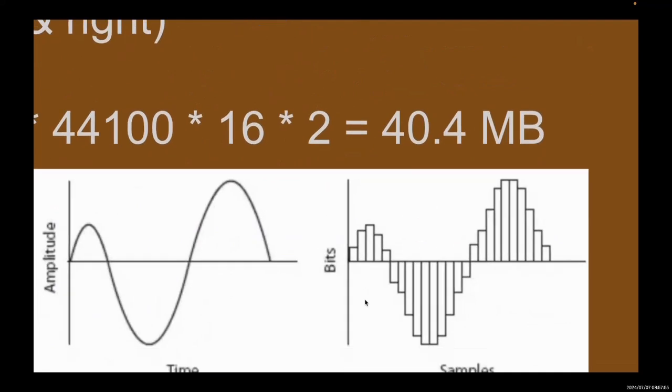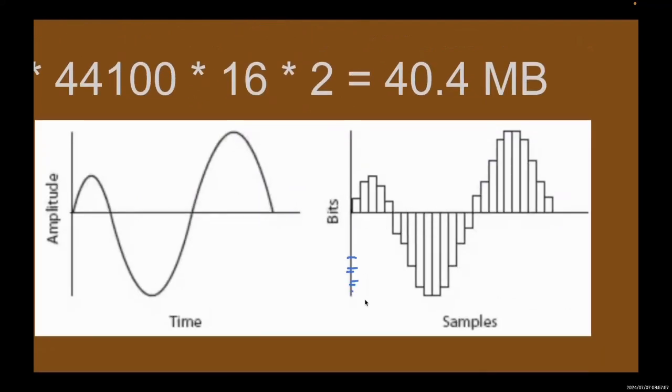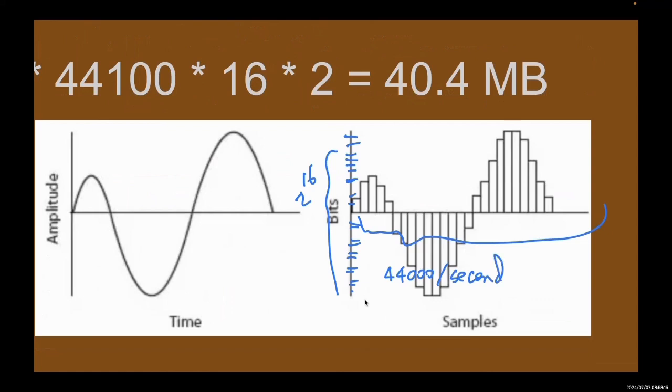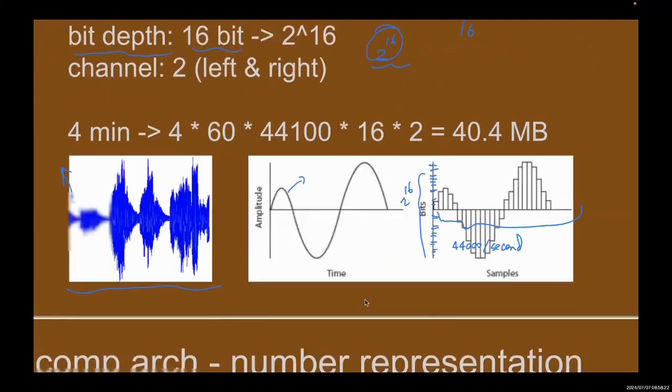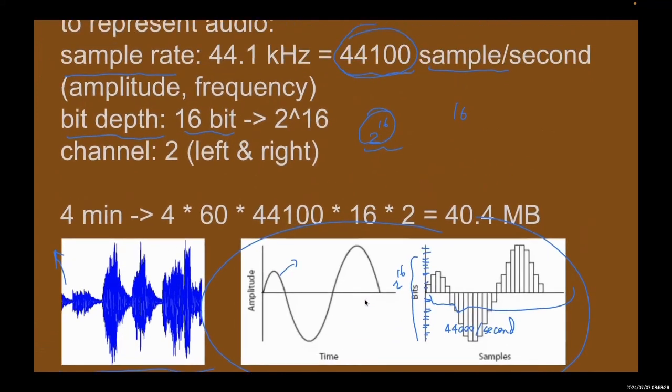And so we have a lot of values here, which is 2 to the 16 possible values. Okay. And this is 44,000 per second. Okay. So we can turn an audio signal, which is analog, into digital. This is digital, right? Can you understand this? Yeah. Okay.